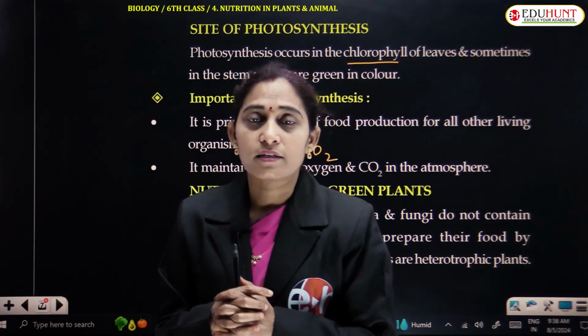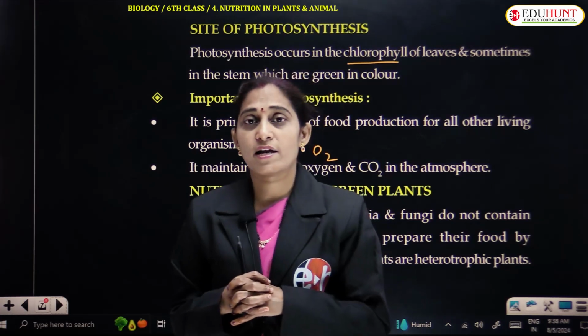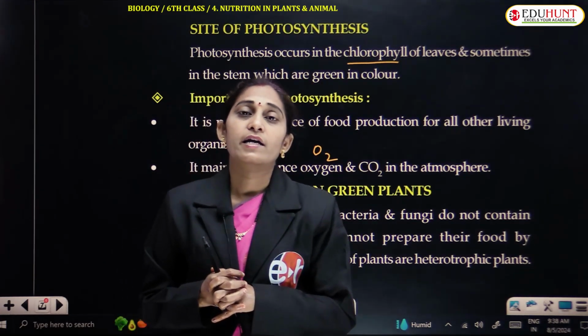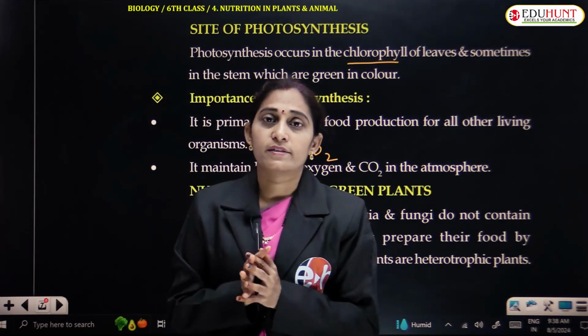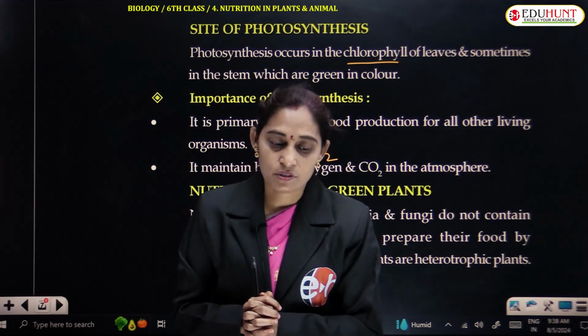The dark reaction takes place in the stroma, whereas light reactions take place in thylakoids or grana. Anyway, this is about photosynthesis.